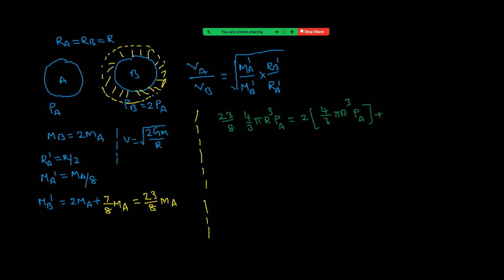This extra mass can be taken as the volume of the outer one minus the volume of the inner one. See how much we get.